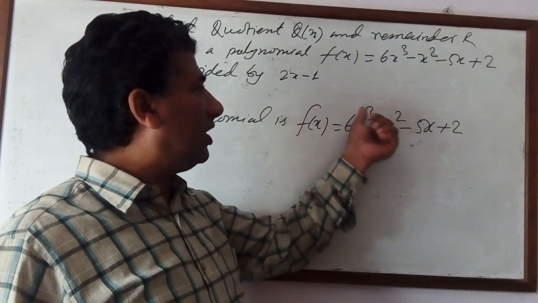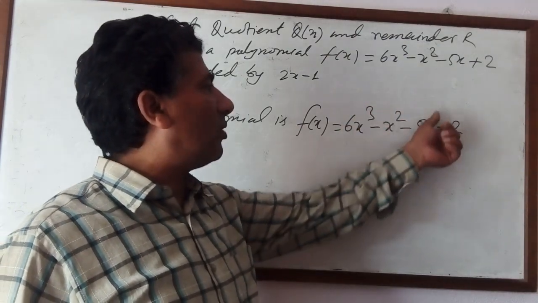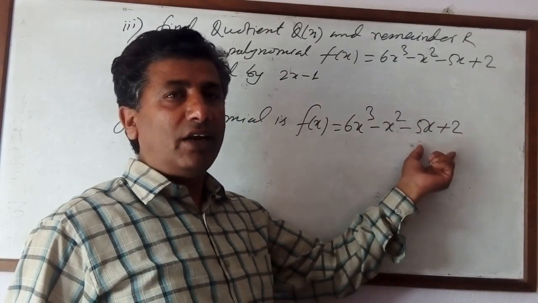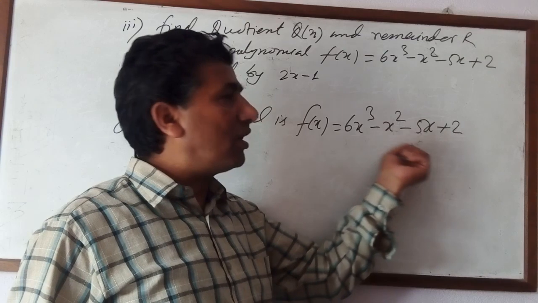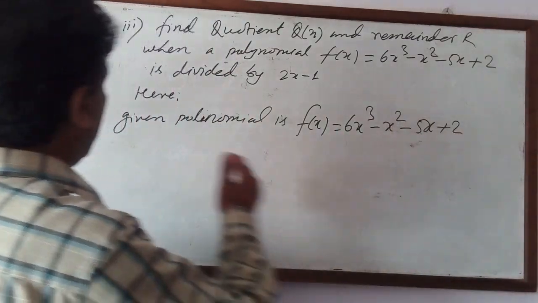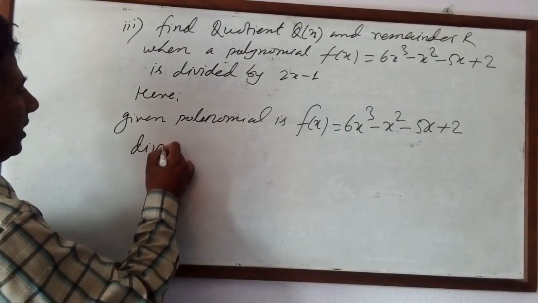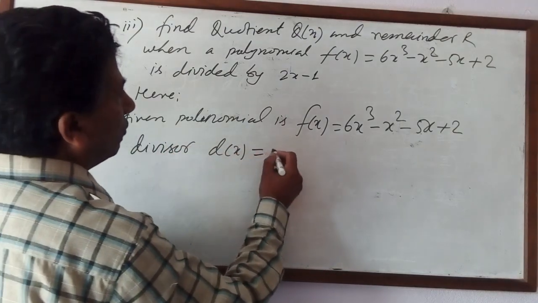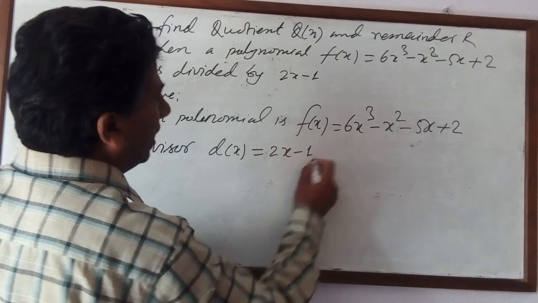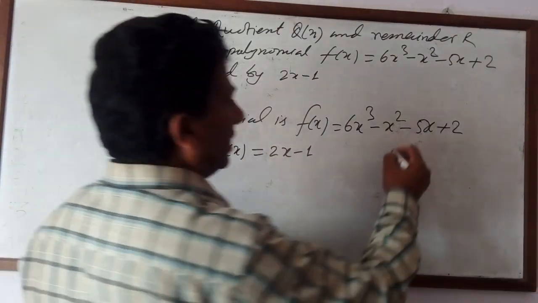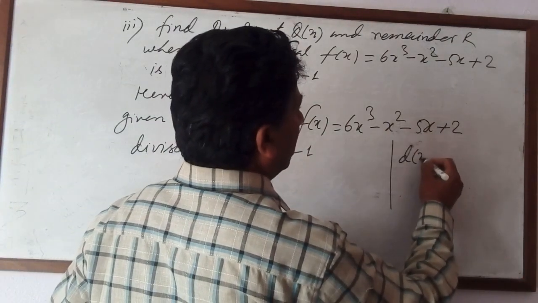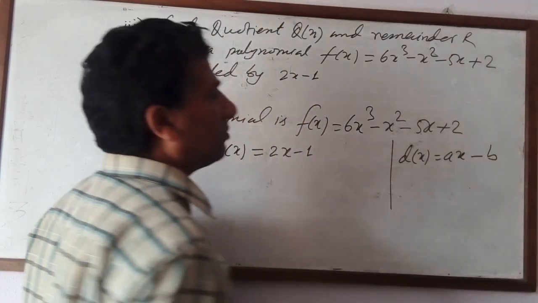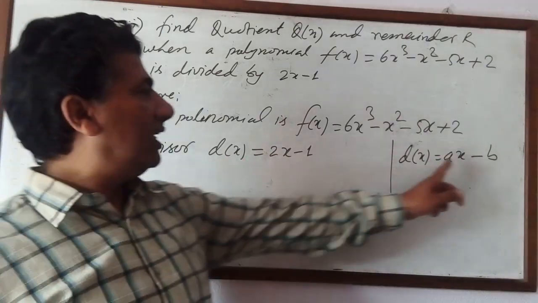Now x power 3, then there should be x power 2, x power 1, x power 0. None of the terms are missing; all terms are here. And our divisor dx equals 2x minus 1. Now our divisor is in this form, dx equals ax minus b, that is ax plus or minus b.